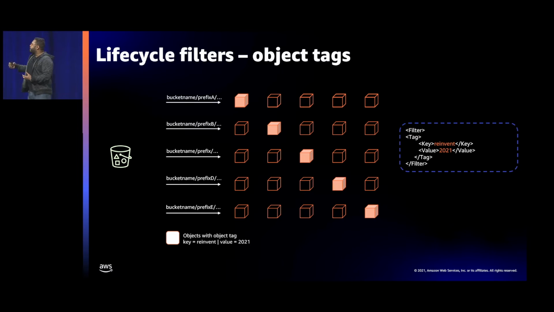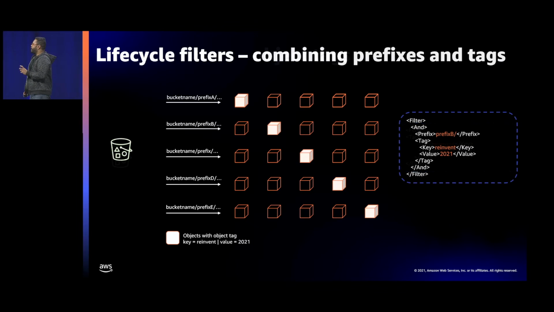Similarly, you can use object tags to tag objects across different prefixes for your lifecycle policies if your objects have similar retention needs but are not under the same prefix. You can also combine prefixes and object tags to define ANDed conditions when objects are in a specific prefix and also have a specific tag associated with them.